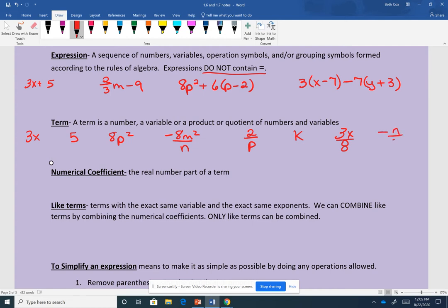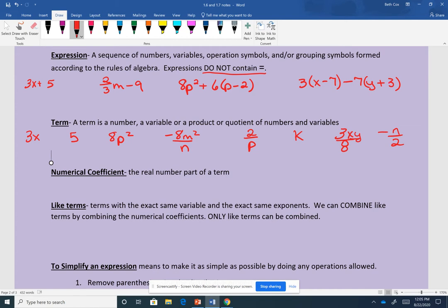Negative n over 2. These are all terms: a number, variable, or a product or quotient of variables. I could throw a y in here just to say there's more than one variable. These are all terms.